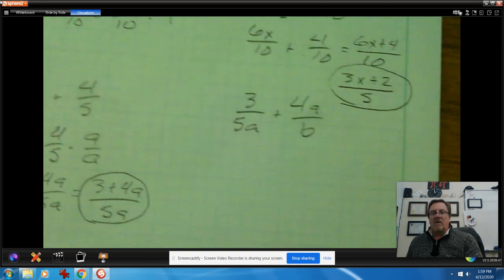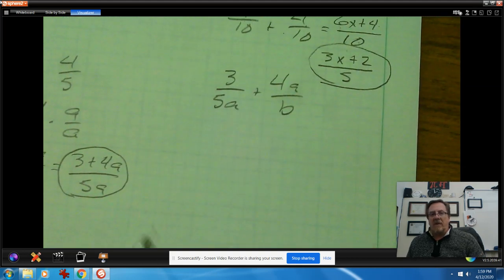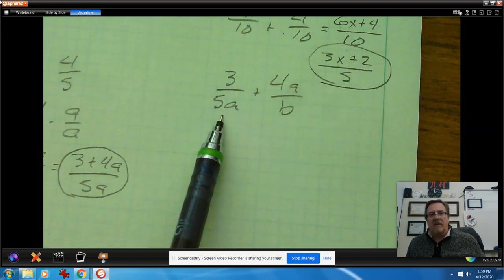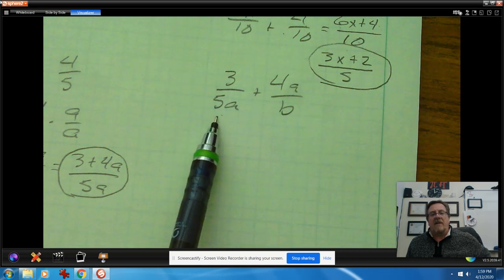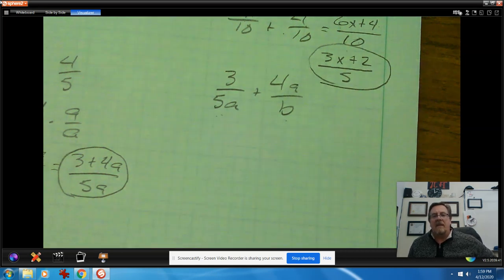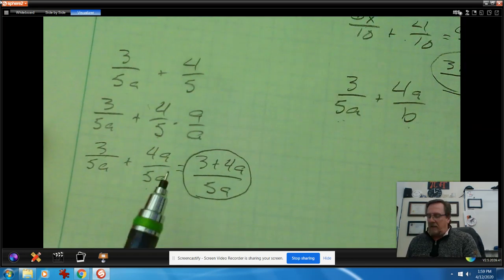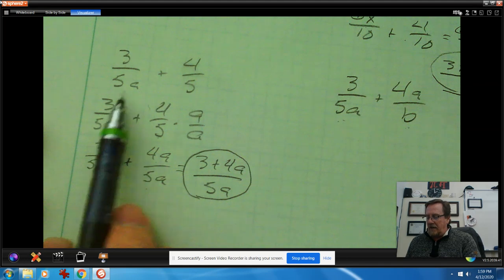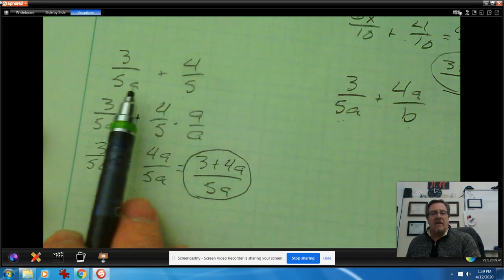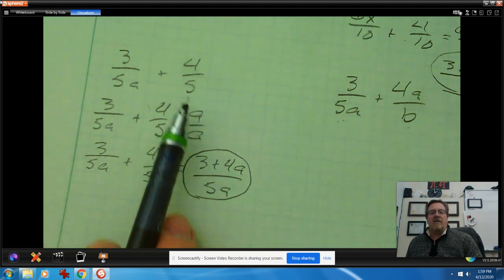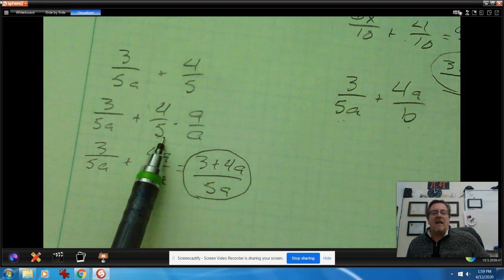Let's see how this works with a fraction where we don't have anything in common in our denominators. Like here's a 5a, but over here I have a b. Well, I don't see anything in common. Before I could look at this and say, well, I had a 5a here and I had a 5 here, so they both had 5s, and the only thing I needed to do was maybe multiply this one over here by a.